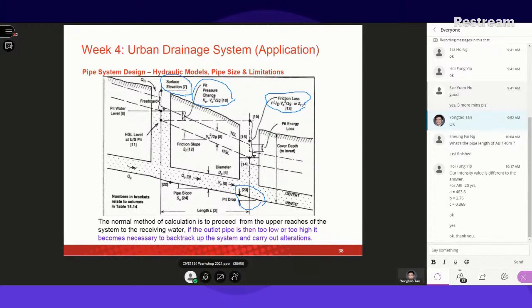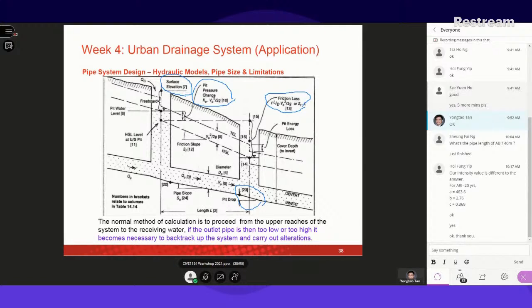So the normal procedure of the calculations is from the upper reaches of the system to the receiving water, meaning from the upstream pipes to the downstream pipes. If the outlet pipe is too low or too high, we need to back trace up the system and carry out the alterations.